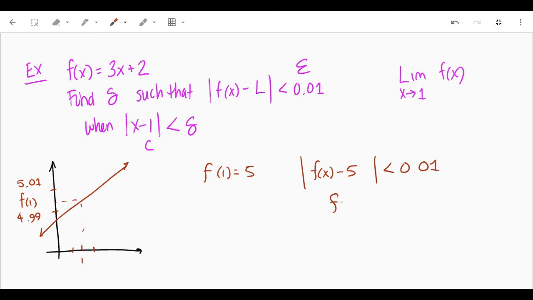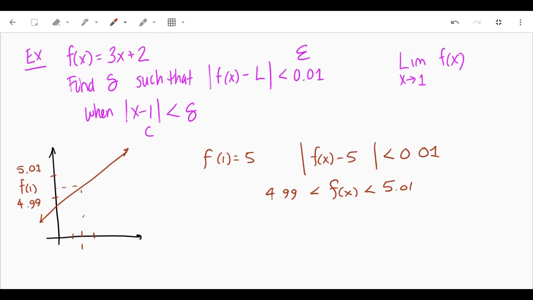So that means f of x has to be between 4.99 and 5.01. So we're basically just finding these endpoints. So 4.99 has to be less than 3x plus 2, and 5.01 greater than 3x plus 2. And the rest is just algebra then.